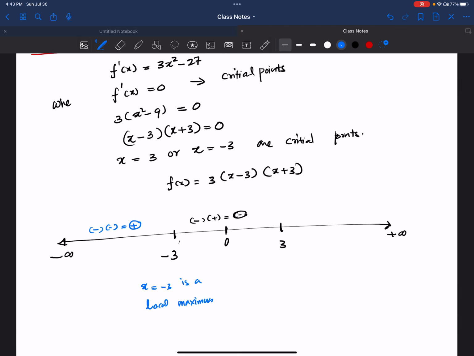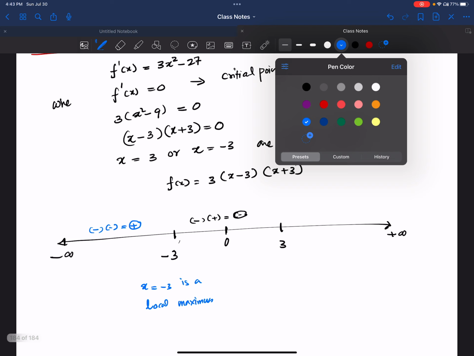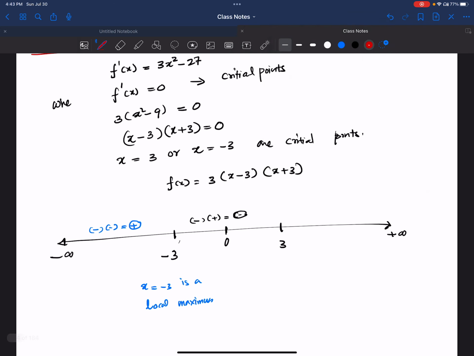Now let's look at the last region. The last region is beyond 3. Let's put 4. When you put 4, this is positive, that is positive. So positive times positive is positive. So now close to positive 3, the sign of f prime of x changes from negative to positive.